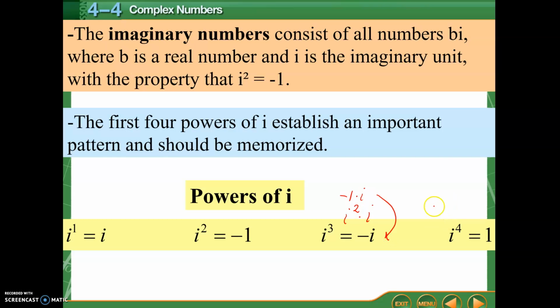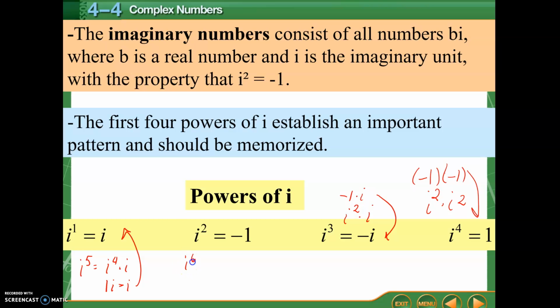And then i to the fourth is i squared times i squared, which is -1 times -1, giving me 1. And then it goes back into that same cycle. i to the fifth is i to the fourth, which we just said was 1, times i, which is 1i or i.